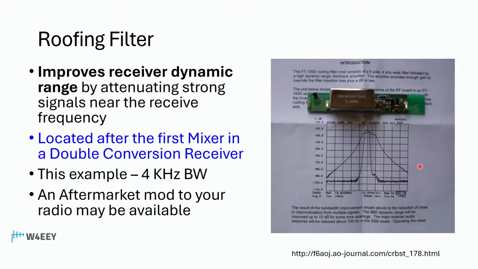And if you can add, in a superheterodyne radio, dual conversion or triple conversion, a roofing filter. It's after the first mixer, that 50 megahertz IF, and if you put in a roofing filter there, then it can eliminate some of the adjacent channel interference that might get into a blocking compression.